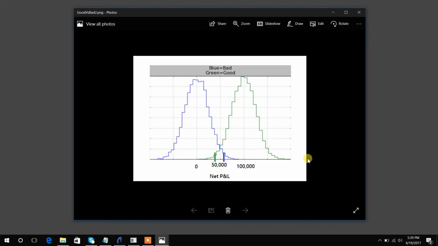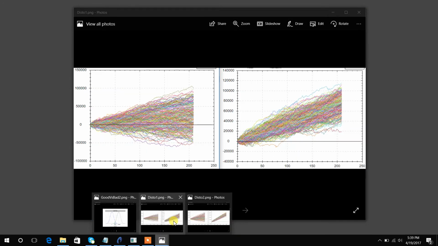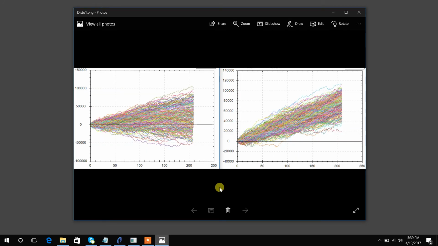Now I have some other illustrations I want to show you to drive the point home. Again, here are possibilities of the paths that two different trading strategies could take over time. The one on the left is basically a coin toss after about 200 trades. Half of them are positive, half of them are negative. Whereas if you look at the distribution on the right, almost all of the outcomes are positive.